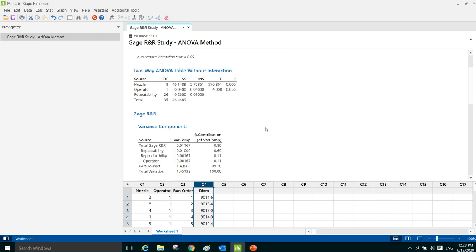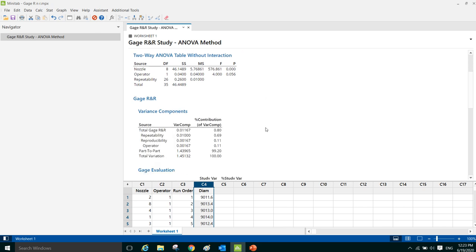Okay. All right. So if you want to know the percentage of variation from each source of the measurement system, you can refer to this variance components table. And you can see that the total gauge R and R is contributing only 0.8%. So this is actually consistent with the p-value being more than 0.05.